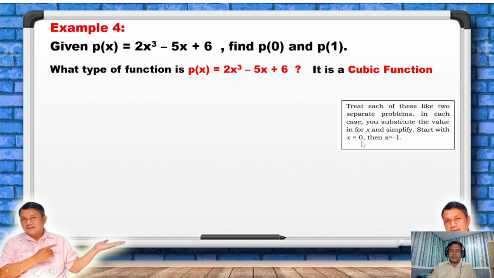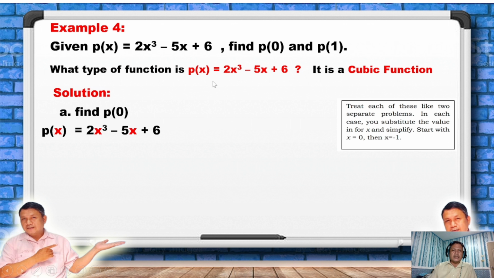Okay, so let's have the first example. We have, okay, find p of 0. So again, the given example is p of x is equal to 2x cubed minus 5x plus 6. So ano na ipapalit po natin dito? Doon sa lahat na nakapula na x. Okay, yun ay ipapalitan natin ng 0.